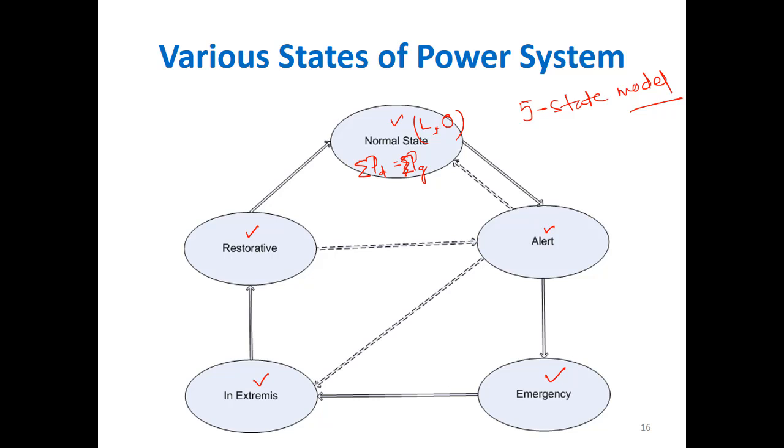In alert state, the system is on the verge of violating the constraints. The constraints are of two types, line and operational. It doesn't violate the constraint, but it is on the verge of violating it, so the power system is operating at the boundary condition.